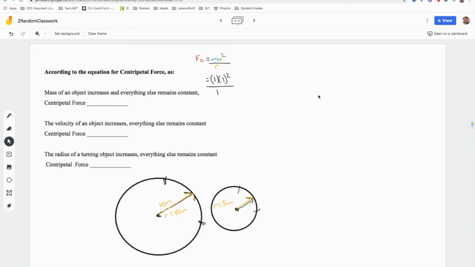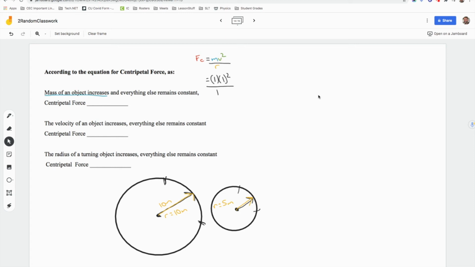Because they want to know what happens to the centripetal force, right? So this is step 1. If I increase the mass, because it says the object's mass increases, I'm just going to do another example right here, but I'm going to make it a lot bigger. Let's make it 10.